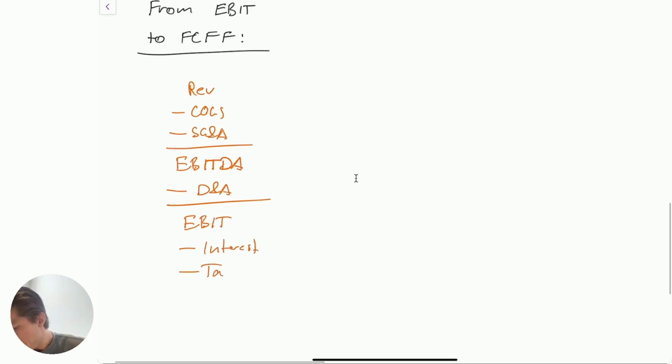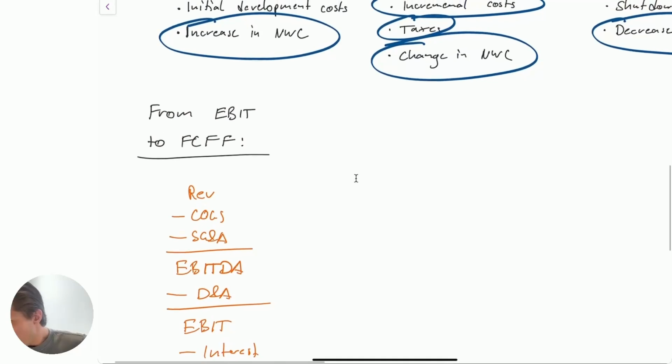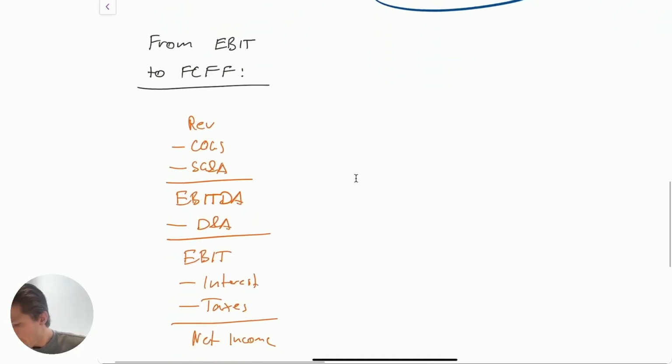That's why interest is tax deductible, it comes before, and then net income. So very important, we start with EBIT. That's a good starting point.